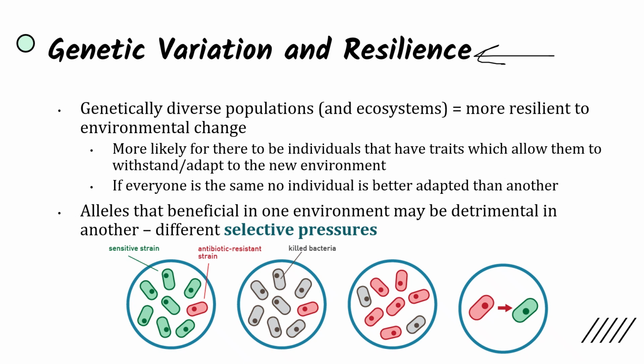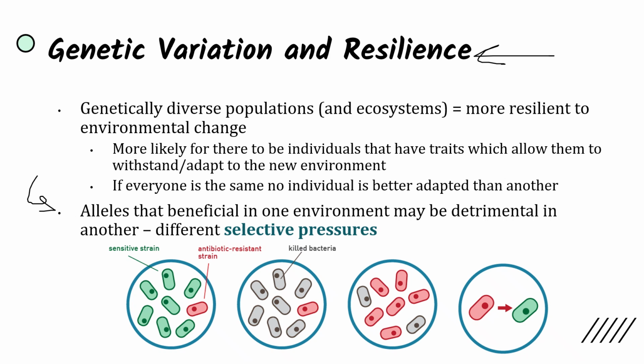And if everyone is the same, then no individual is better adapted than another, and that's going to result in very detrimental effects if the environment changes and now none of the individuals are adapted to this new environment. And alleles that are beneficial in one environment may be detrimental in another due to differing selective pressures.